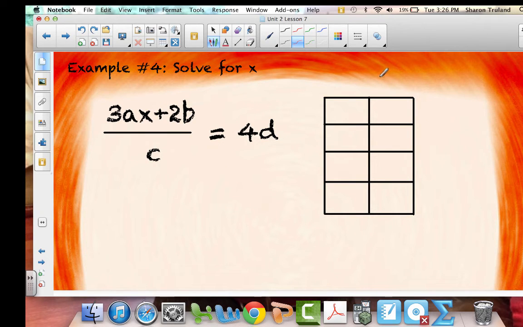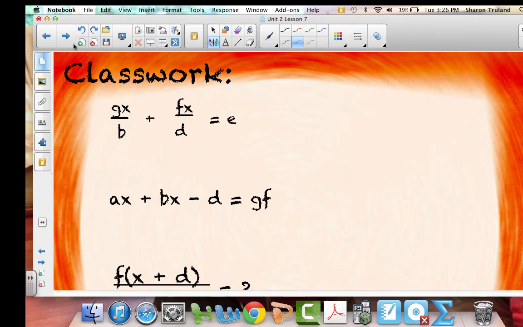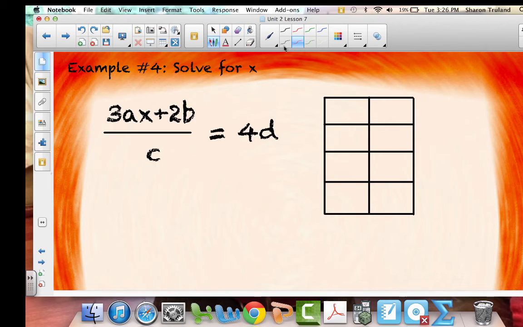We got one more for tonight, and then we've got about 3 more we're going to practice on in class tomorrow. We've got a chart now because there's only one x. All right, let's do the chart first. What happened to that x? Well, that x got multiplied by a 3, got multiplied by an a, I then added 2b onto it, divided by a c, and that got me to 4d. All right, backwards.